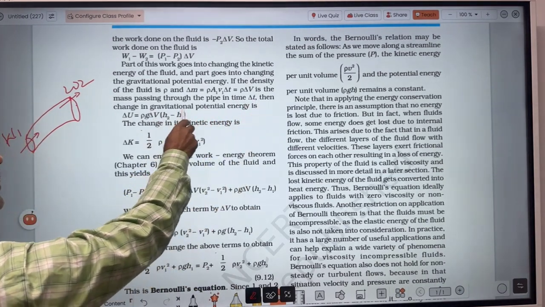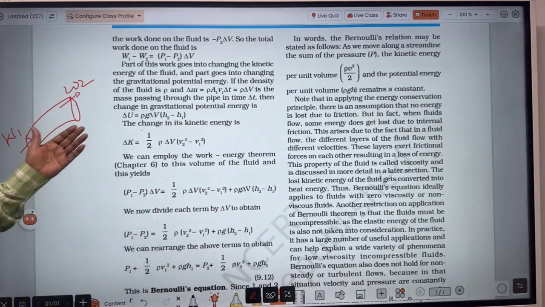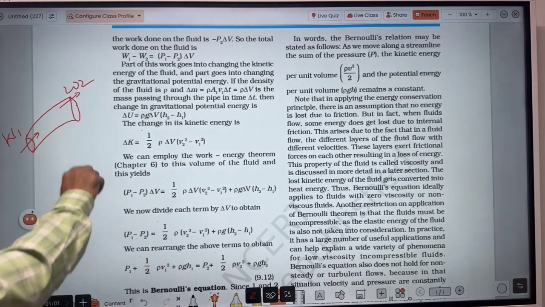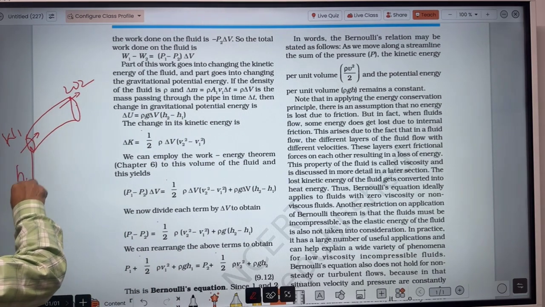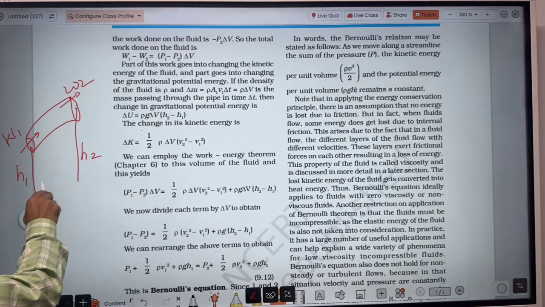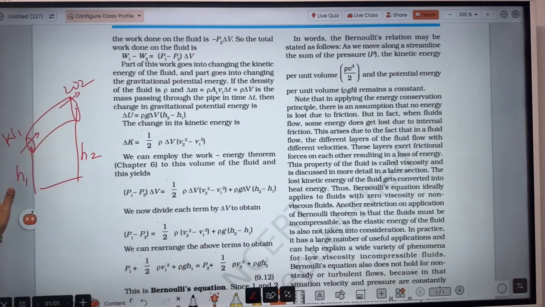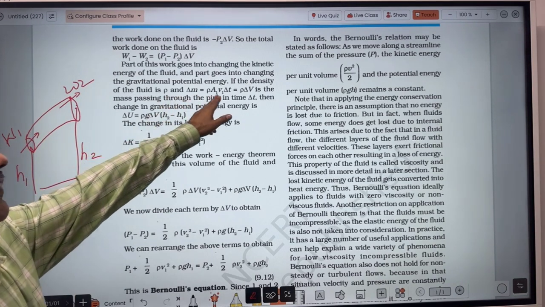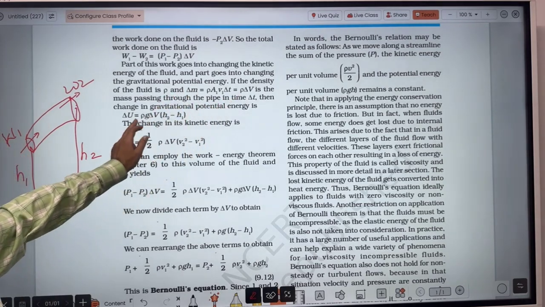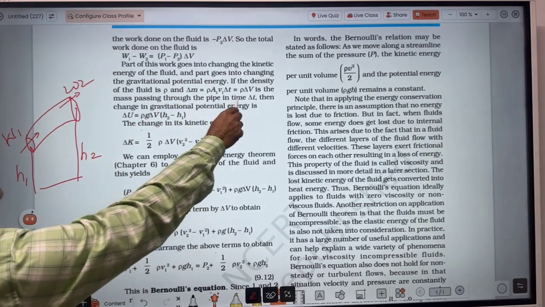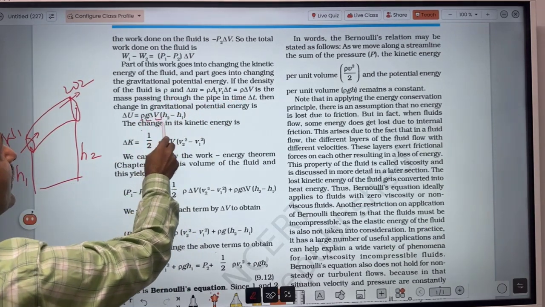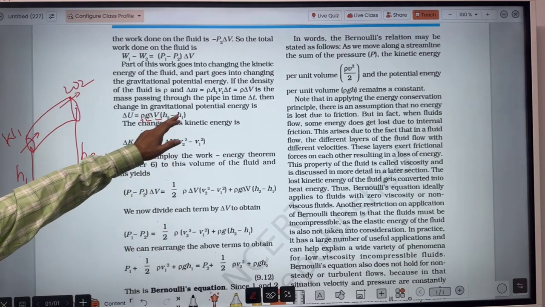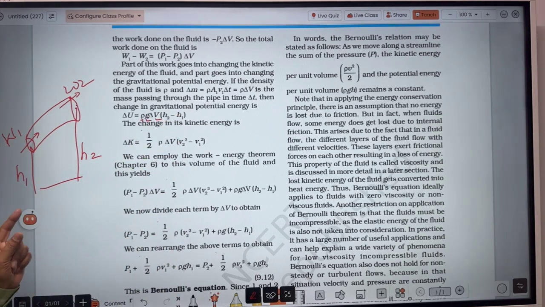Then change in gravitational potential energy, mgh. So height at the two corners, here it is h1, here it is h2. So mgh2 minus mgh1, and you have seen that m can be found by this formula. So m here is rho delta V, so rho delta V g (h2 minus h1). So this is the change in potential energy.